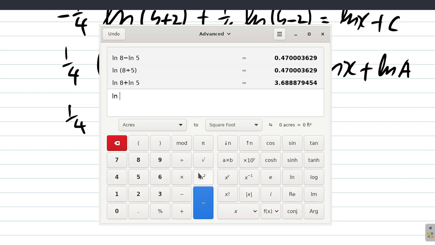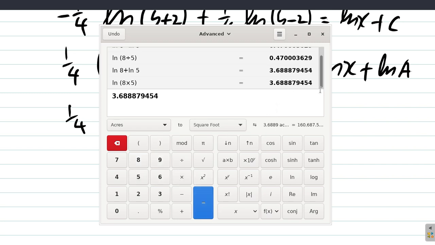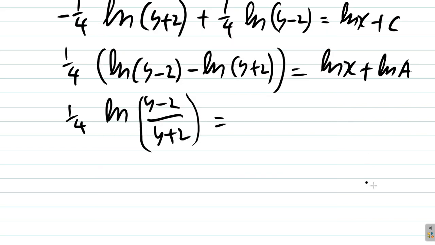Or let me put it this way: ln of 8 multiplied by 5 gives the same thing, because ln x plus ln y is equal to ln xy. So ln x plus ln a is equal to ln ax, putting it in alphabetical order.